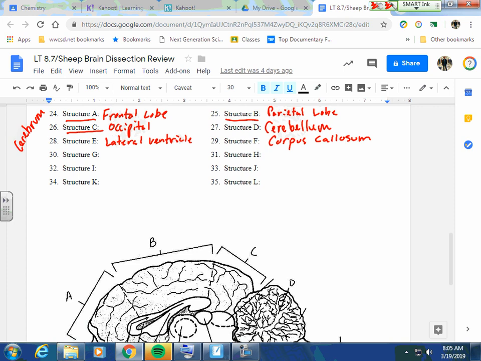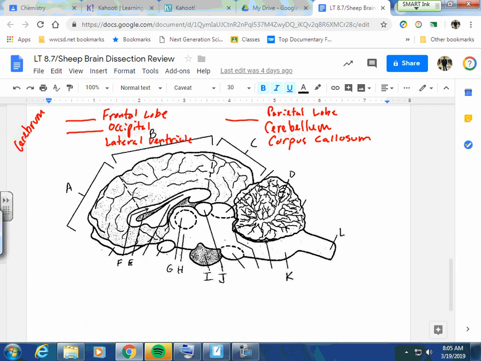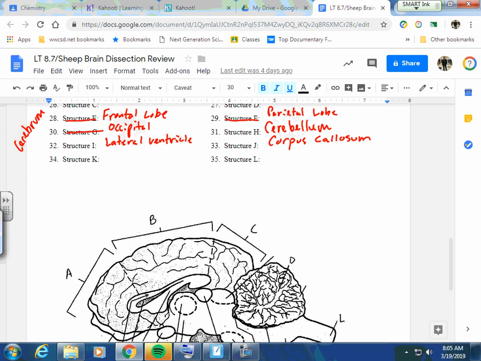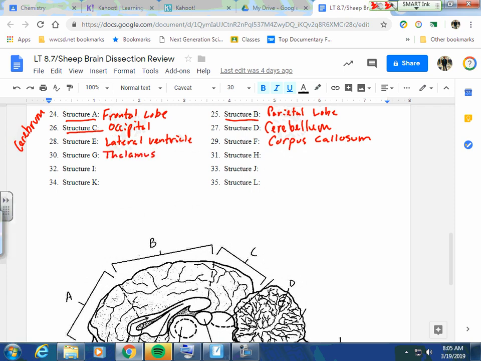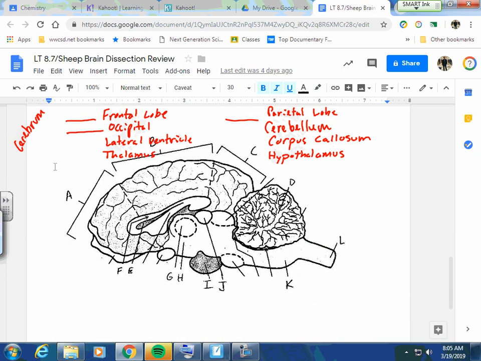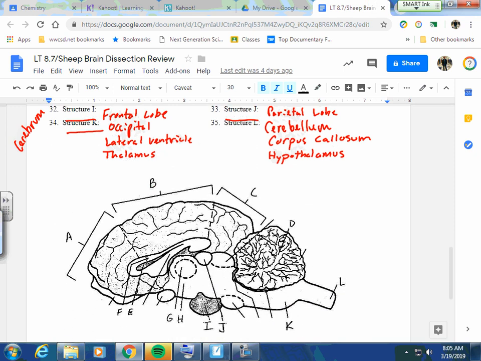All right, G and H. Looking at G and H, we're going to have the thalamus, that circular area there, and under it we're going to have the hypothalamus. All right. Structures I and J: we're going to have the pituitary gland and the pineal gland.